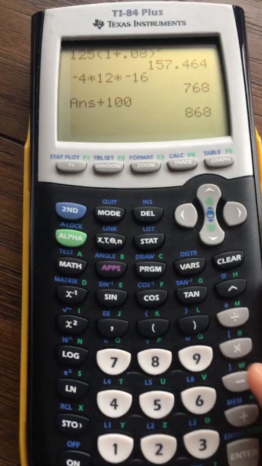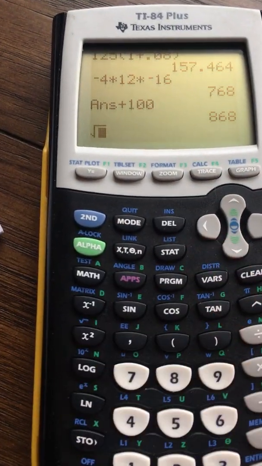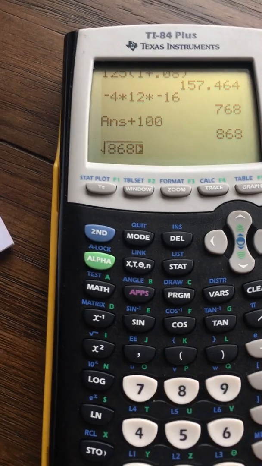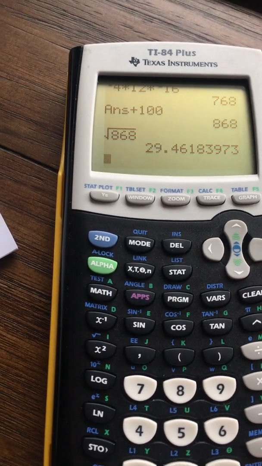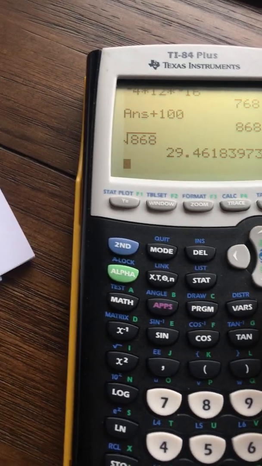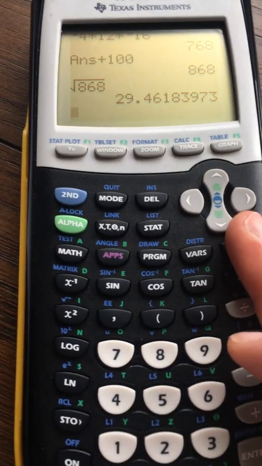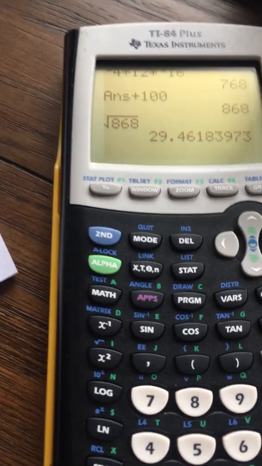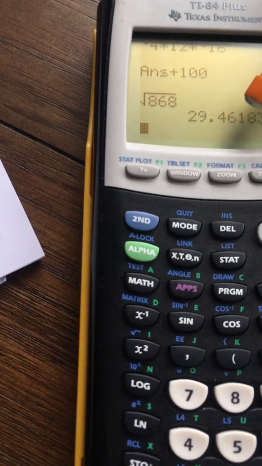I'm going to check to see if 868 is a perfect square. The square root of 868. It's not perfect, so I'd have to find the perfect square that goes into that. And then I'll be reducing on the outside of that. So let's see.